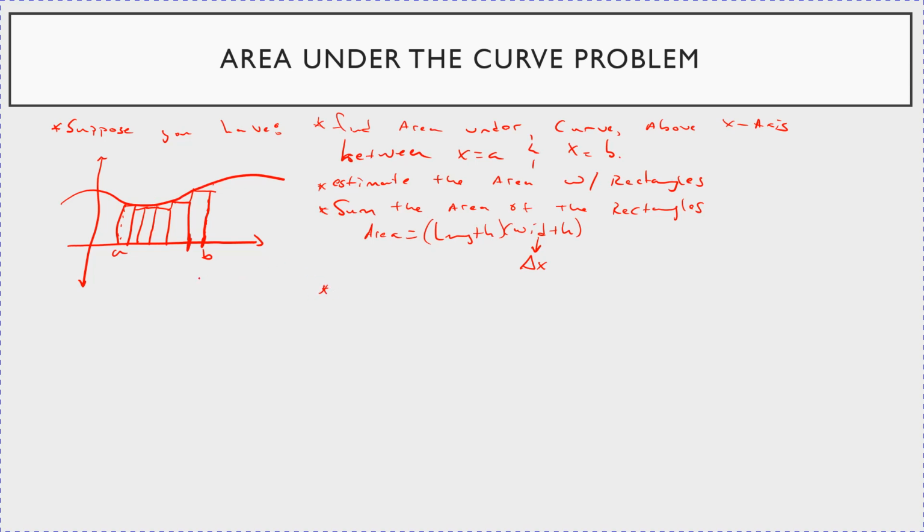So how would you do better? A better estimate, more rectangles. And you're going to keep decreasing delta x. And you're going to look as the width delta x goes to 0. Okay, because you're going to have more and more rectangles. But like obviously then if delta x goes to 0, the area of the rectangle is 0.